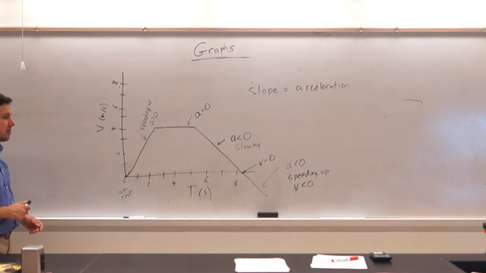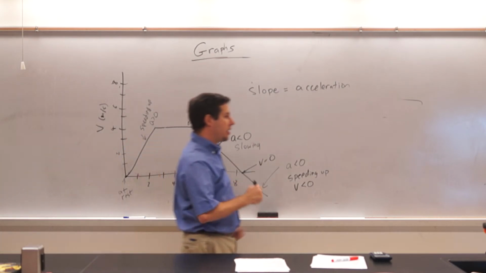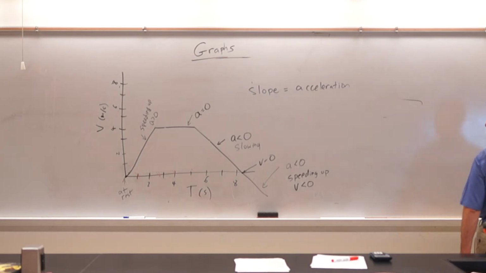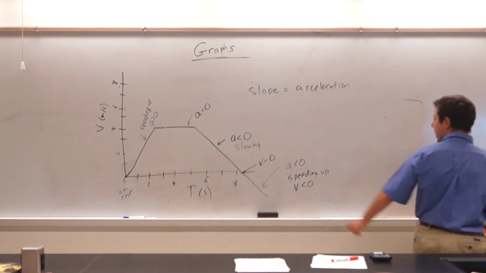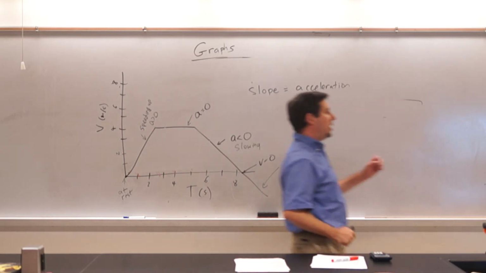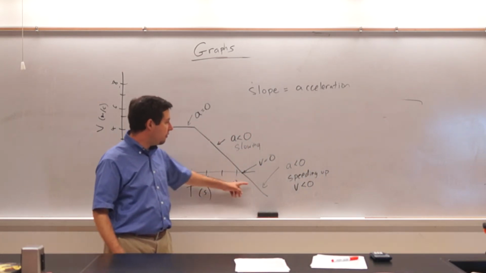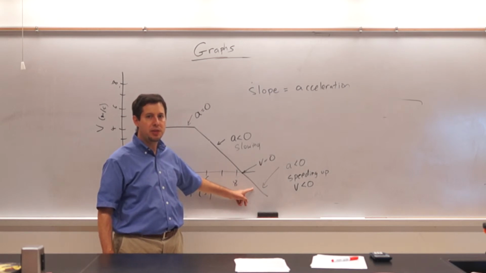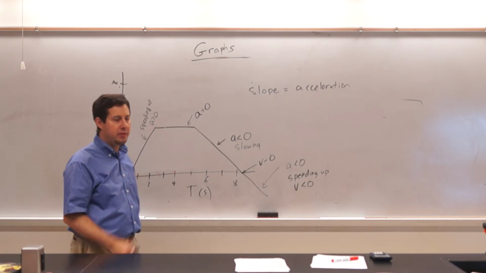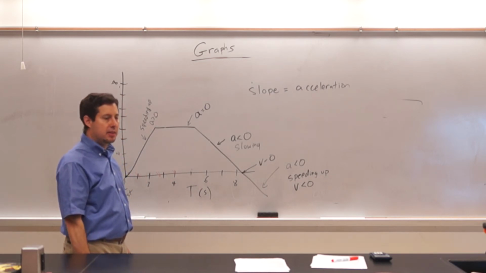So it would be something like this. I'm speeding up, I'm moving at a constant speed, I'm slowing down. And then, at that point, you're actually moving backwards and speeding up, because the acceleration and the velocity are both in the negative direction, so that acceleration is making the velocity more and more negative with each passing second.